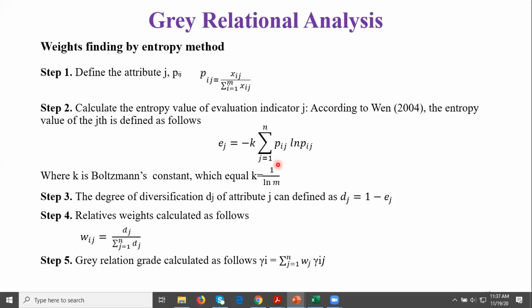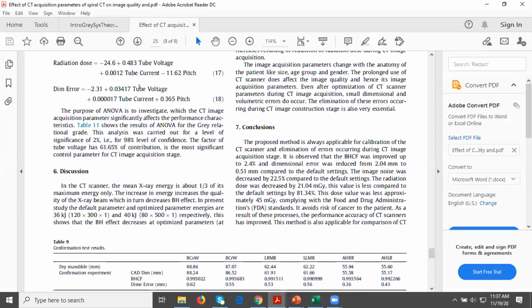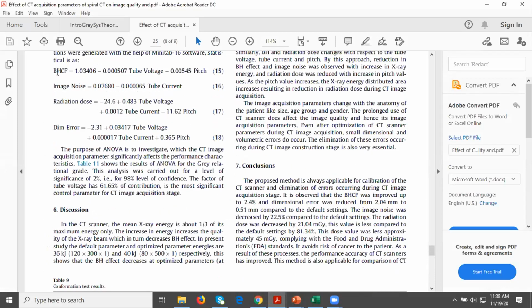Here, the major drawback is this: suppose you are taking the weights of so many output values, and the summation of the weights is greater than 1.5. When you are generating the equation by using the gradation generation, if the weights sum is more than 1.5, this equation is not suitable for your experiments.